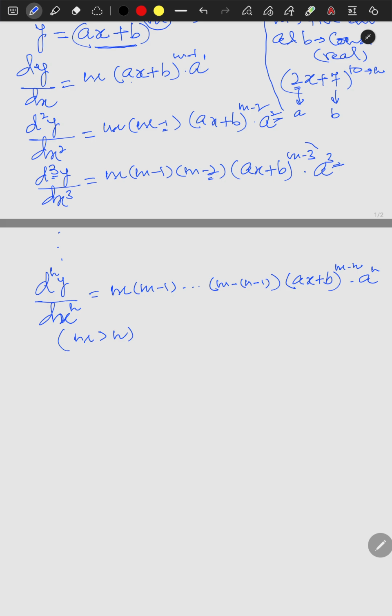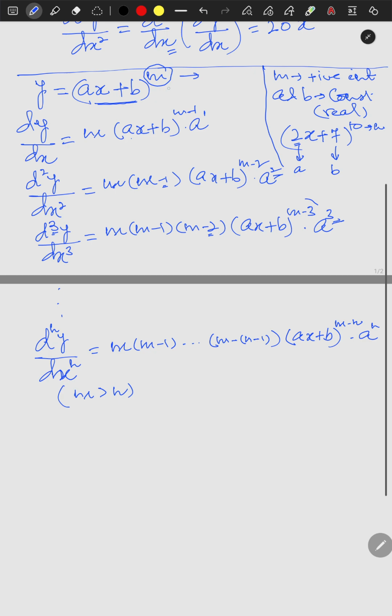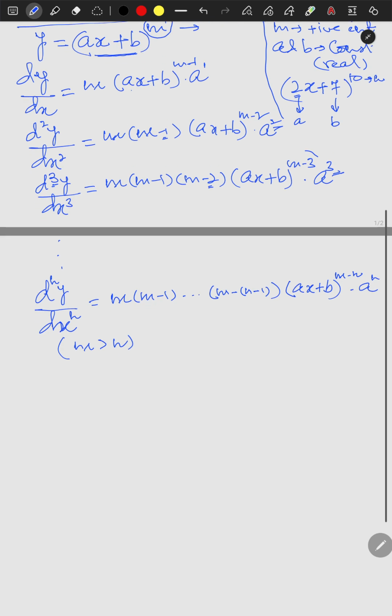Okay, this is the case when the power given here is greater than the order of the derivative. So this is how we can find the nth order derivative or differentiate successively (ax plus b) to the power m. Of course, m should be greater than n in this particular case.